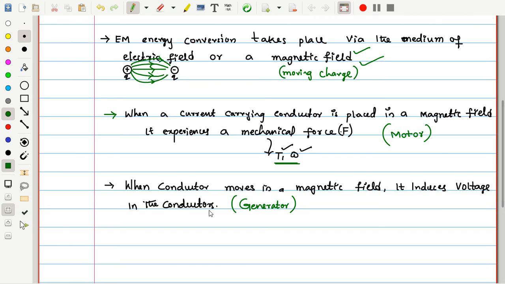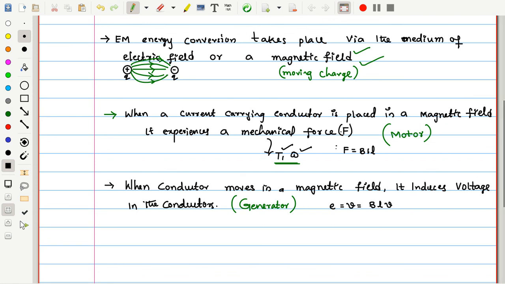This is Faraday's law, and this is the Lorentz force principle: the force developed is F equal to BIL, whereas the induced EMF E, or the voltage, is equal to BLV.